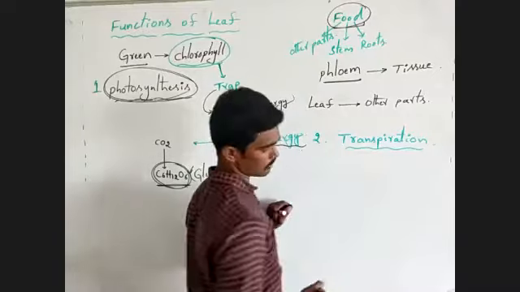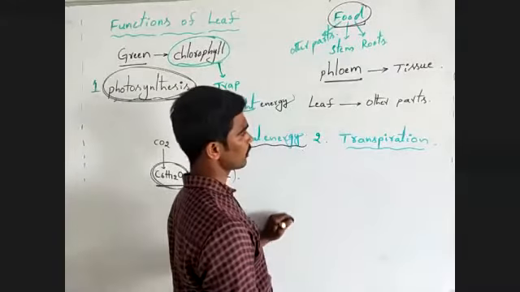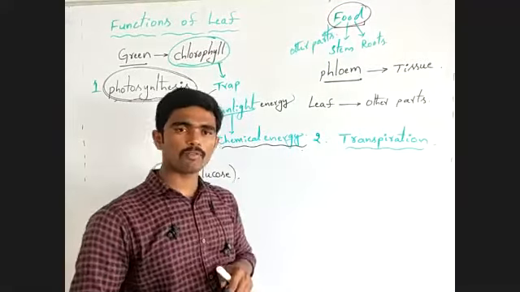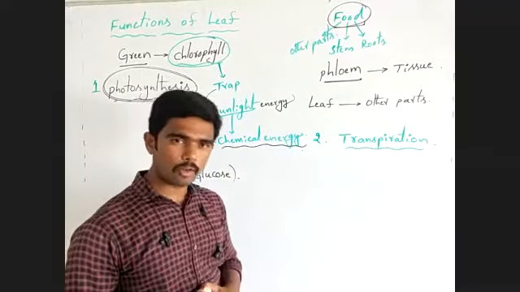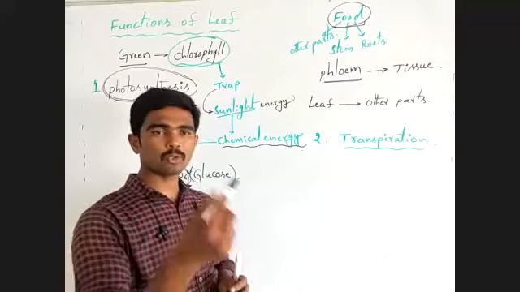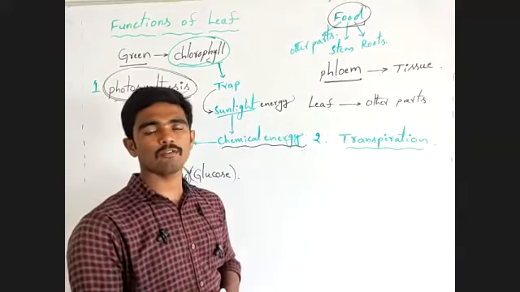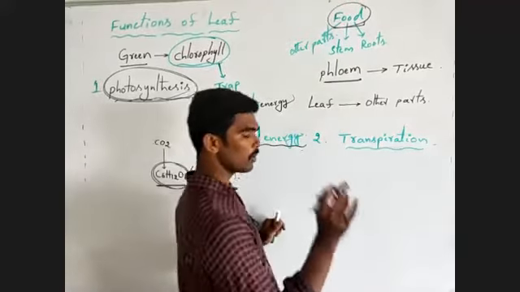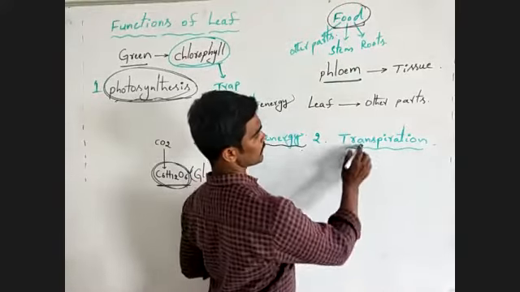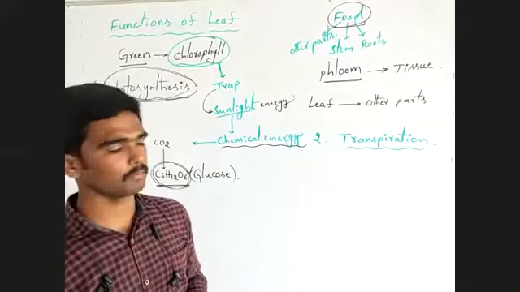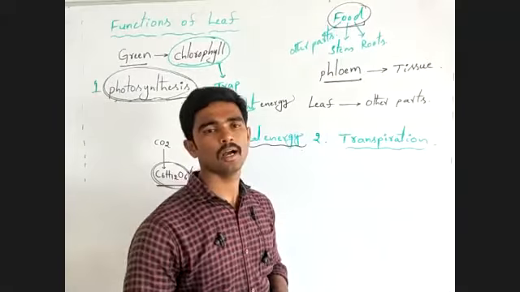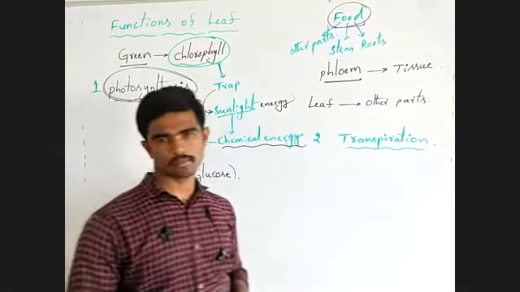Transpiration means, already I told you, process of transfer of water from plant body into the environment in the form of water vapor. It's called transpiration. Why does this transpiration process occur in plants?